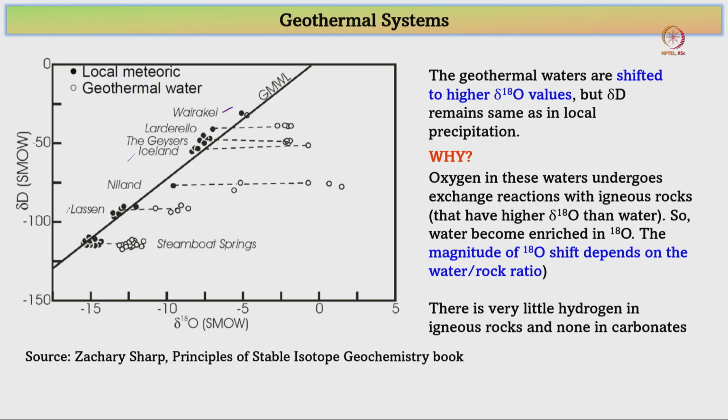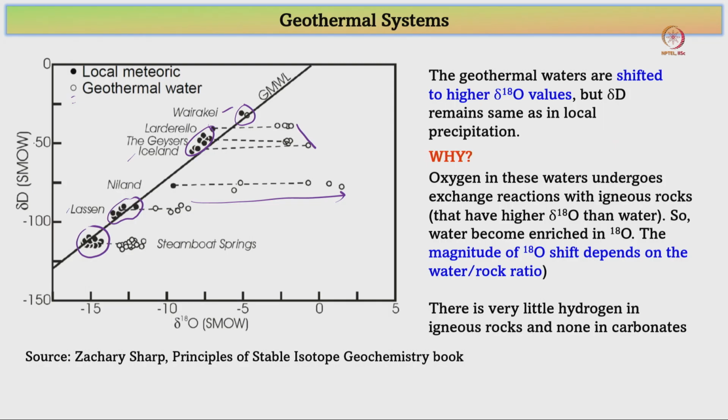Okay. And the meteoric water, that is the local precipitation, has this kind of value and strongly falls on the global meteoric water line. But when you plot the geothermal water, it seems to be shifted along the delta 18O axis, along the x axis.